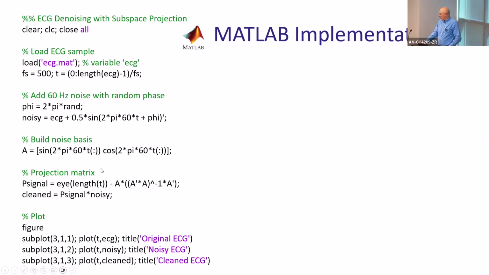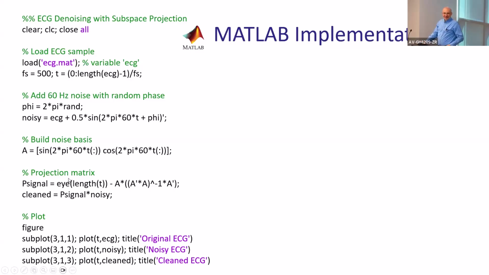Now you build noise spaces, which are sine of 2 pi f t, where t is that vector that we defined here for all of the variables that you have, and cosine of 2 pi f t, so 2 columns. Now, our projection matrix, as we defined at the top of the board, is I. In MATLAB it's the funny function eye.